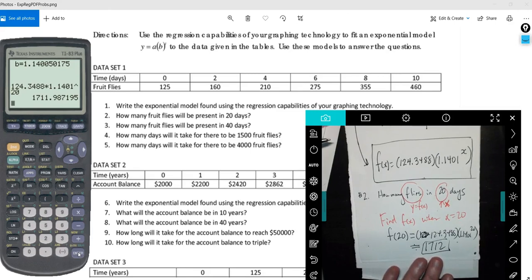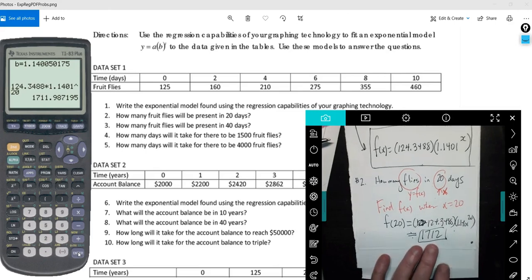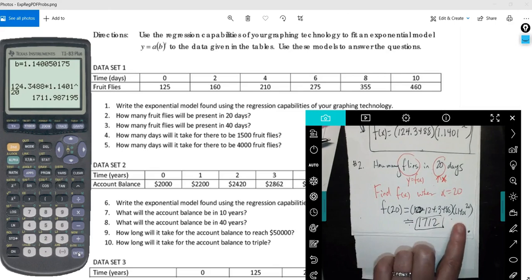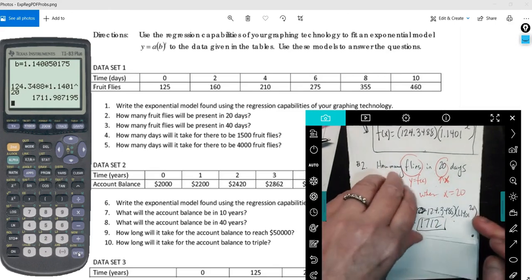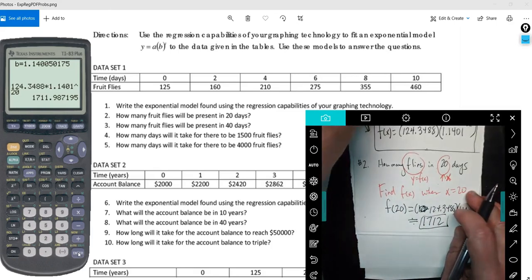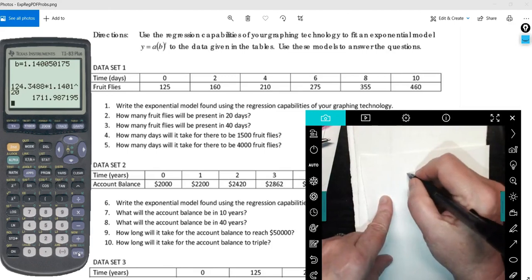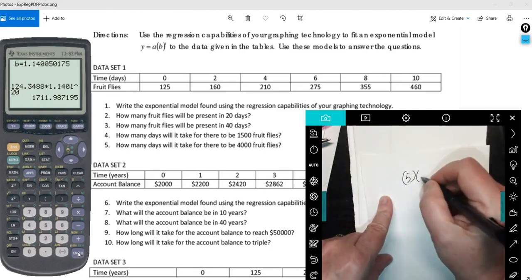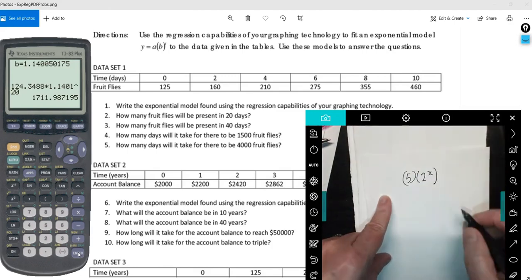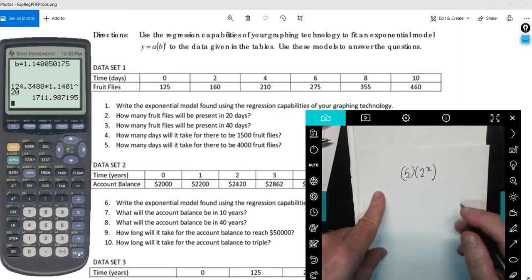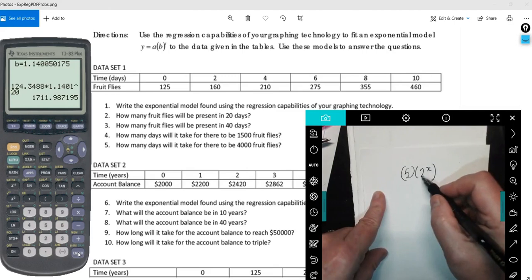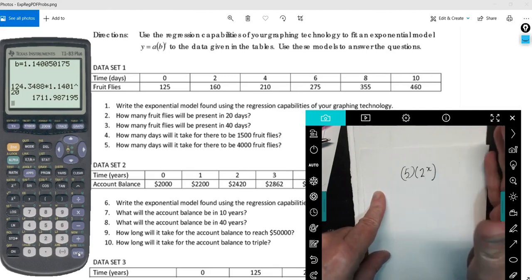So you notice I did it there with the multiplication symbol. It might be better if you do it with parentheses, just to remind yourself that if I have something like that, it's easier to see that 2 is taken to the x first.